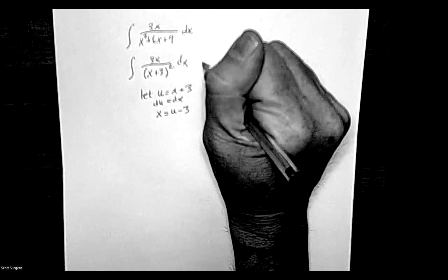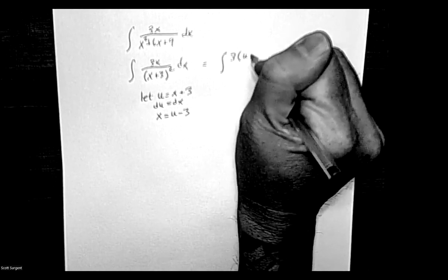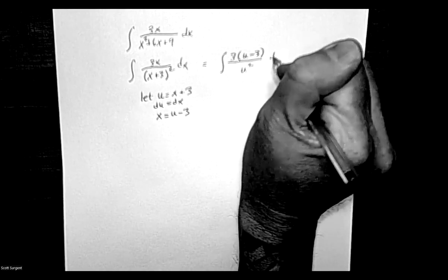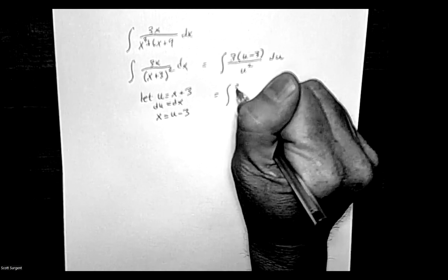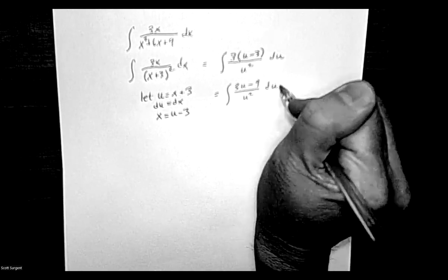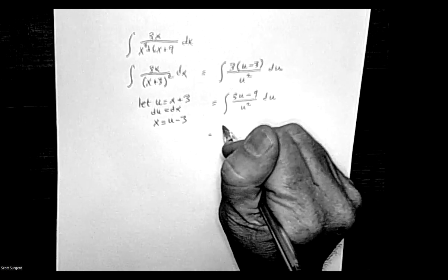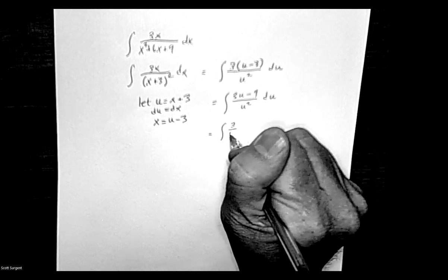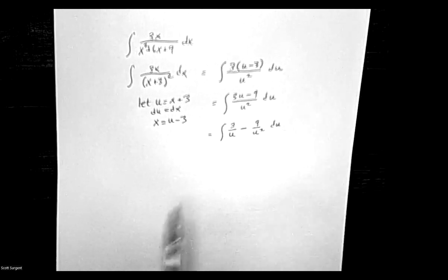And suddenly I make the substitutions. Let me just clean it up a little bit. And suddenly it's actually a pretty easy integral because I got a single denominator. So it's 3 over u minus 9 over u squared du.